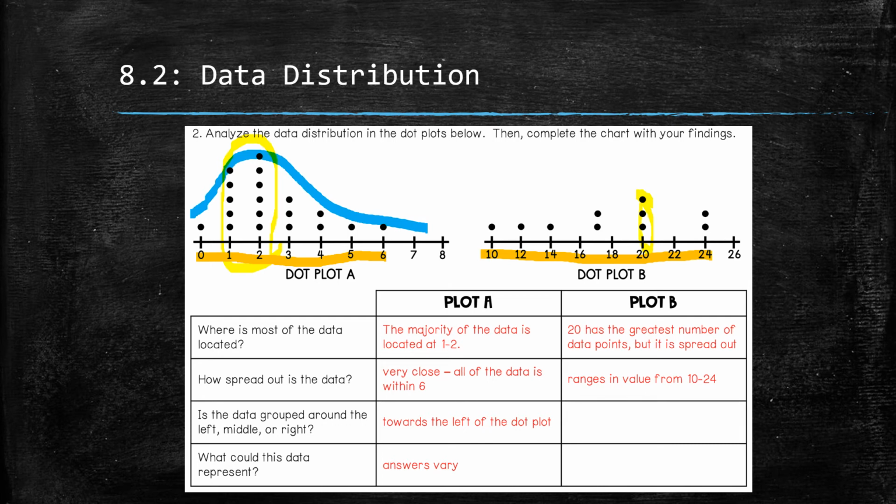And then, is the data grouped towards the right, the left, or the middle? When I draw that bell curve, it's almost symmetrical. And then my highest point is 20. And then, what would the data represent? It could represent, again, a variety of different things, maybe the number of movies somebody saw last year.